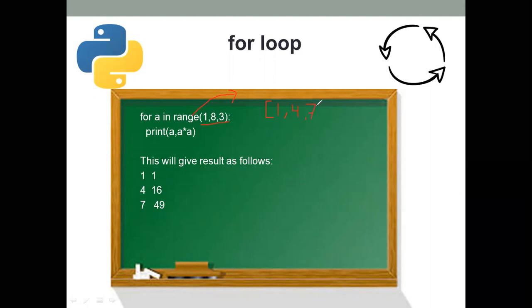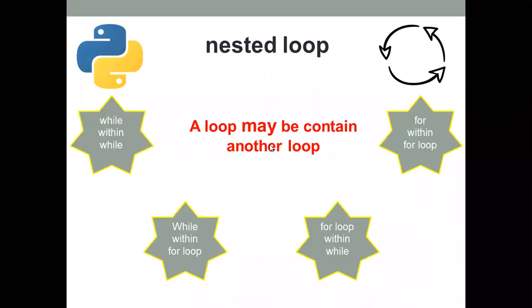It is just like a list. Now print a times a. The first time the value of a is 1, then 1 into 1 is 1. The second time the value of a is 4, and its square is 16, then 7 and 49. This is an example of for loop with the help of range.